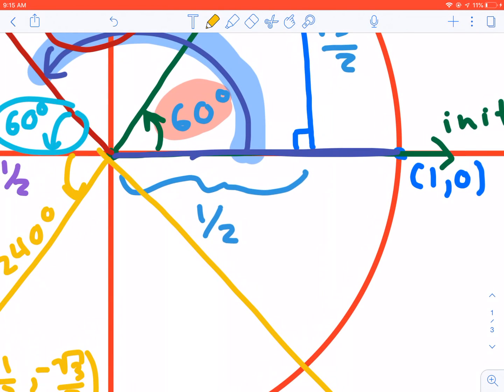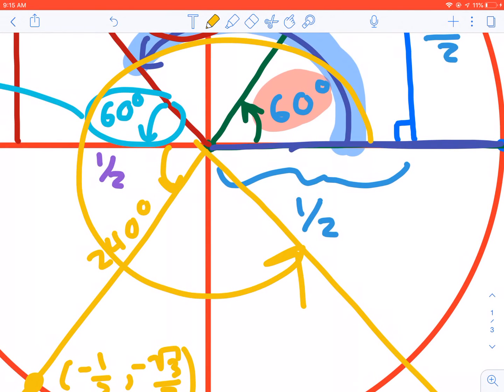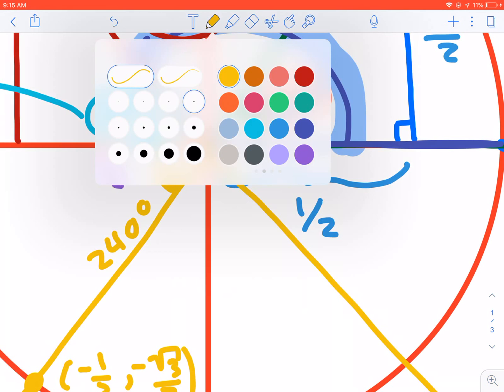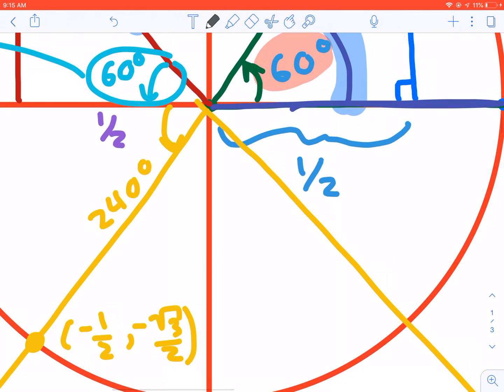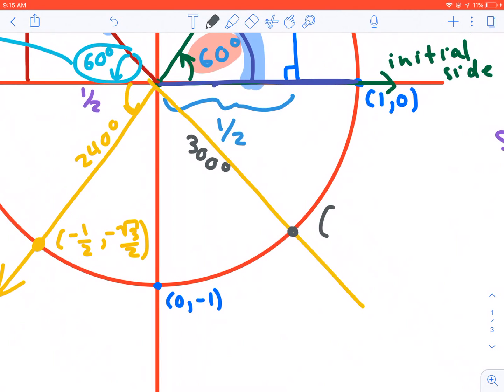And so if this is 60 degrees, then this angle measure, starting from my initial side, would be 300 degrees. And this point over here is going to be a half, comma, negative radical 3 over 2.